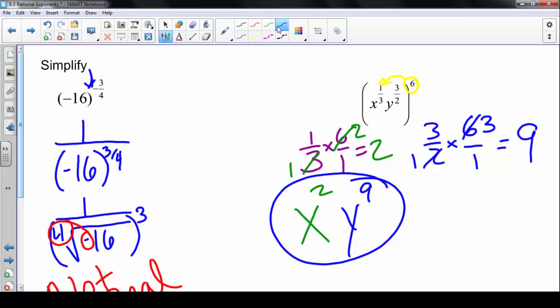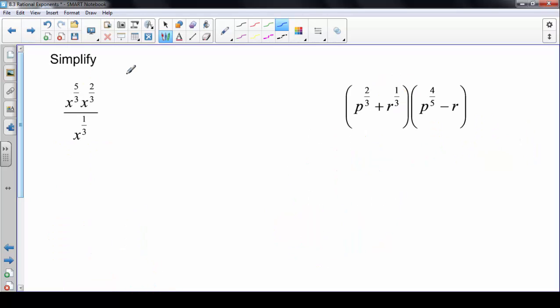So you'll have to remember how to add and subtract and multiply your fractions. Alright, same thing here. Looking back at our fraction rules. Since these are the same bases, we want to add these exponents.